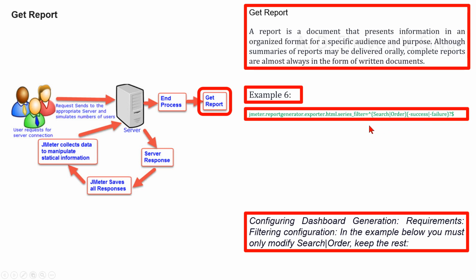To ensure this, set the property jmeter.reportGenerator.exporter.html.series_filter to keep only the transactions you want in the report. If you don't want everything in here, you must only modify the search or order, keep the rest.